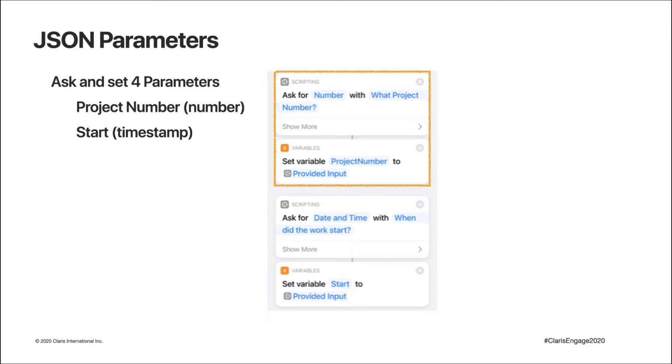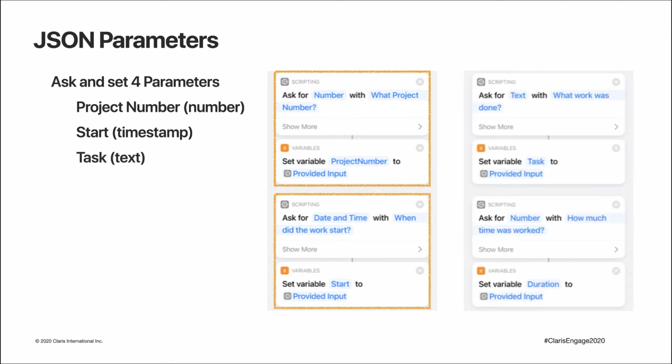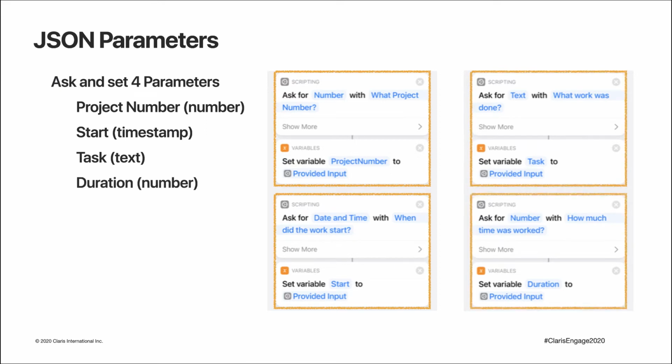So very cool. And then we have the task, what work was done, and then we have the duration, how long did you work. The order doesn't matter, so you can change the order of these. They're kind of in pairs, but you've defined these individual variables.